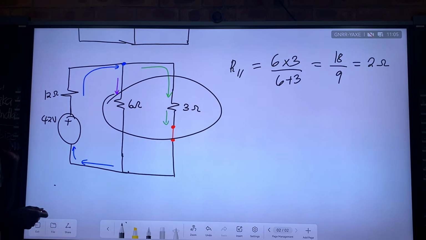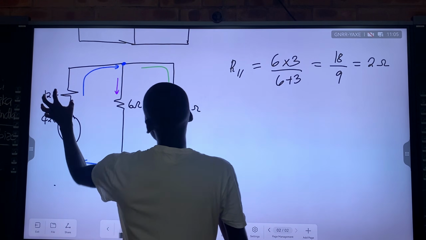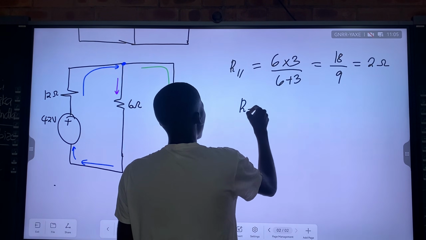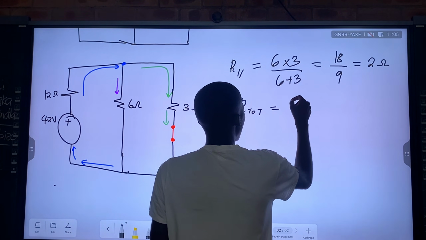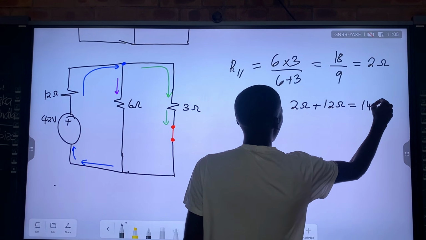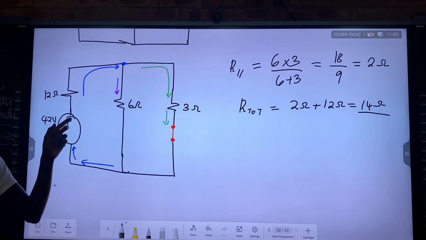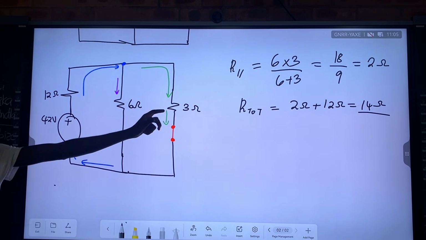So the total resistance there is going to be equal to 2 ohms plus 12 ohms, which is 14 ohms. That's the total resistance of the entire circuit.